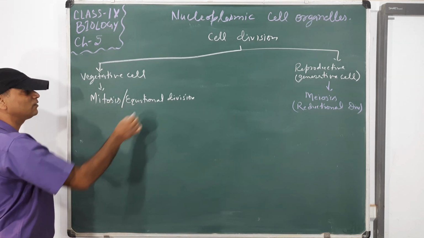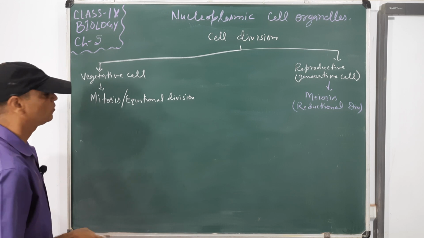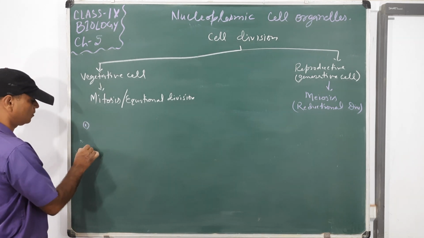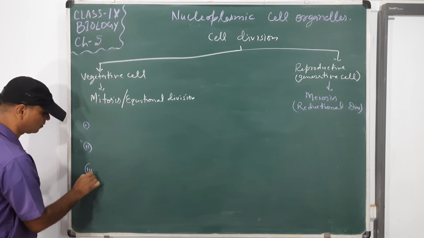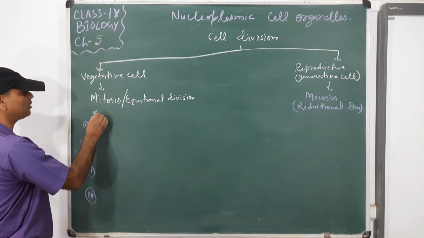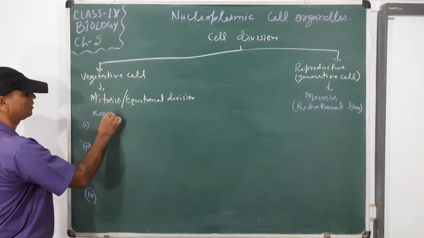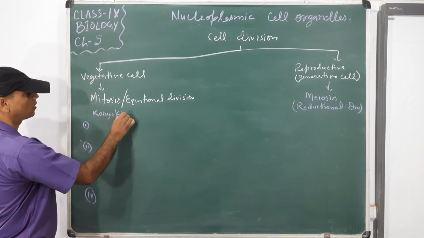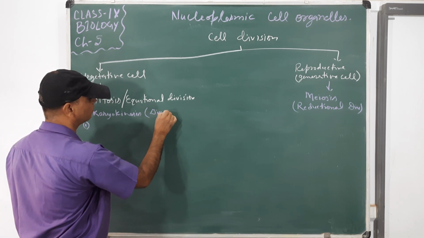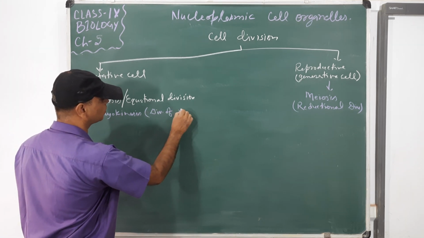One is equational division, the second is reductional division. In mitosis there are only these steps of karyokinesis. Karyokinesis means division of the nucleus.